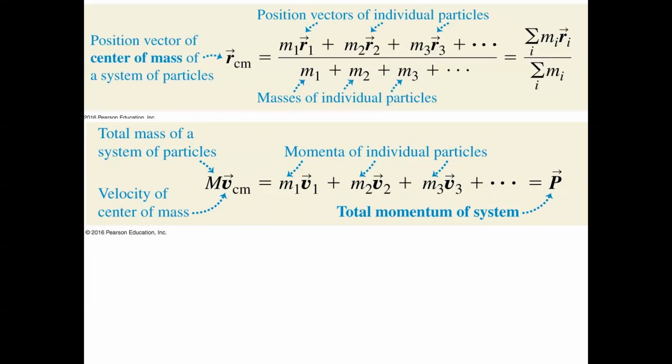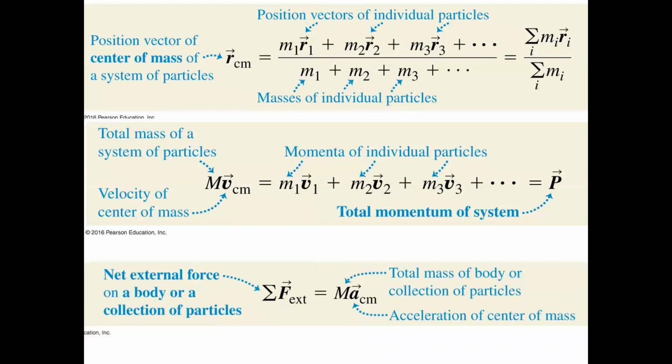That will be equal to the sum of the momenta of individual particles, so M1 v1 plus M2 v2 plus M3 v3, and so on, which is equal to P, the total momentum of the system. So the total momentum of the system is equal to the sum of the individual momenta of the particles, or the total mass of the system times the velocity of the center of mass.